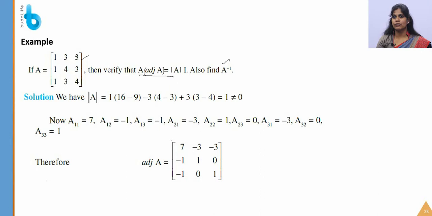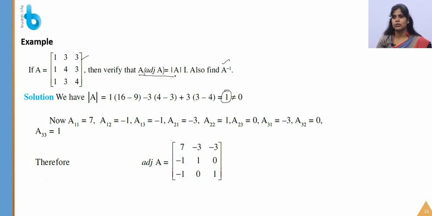For the given matrix A, we have found the determinant which is 1 and it is not equal to 0, and hence it is a non-singular matrix. So A inverse exists.